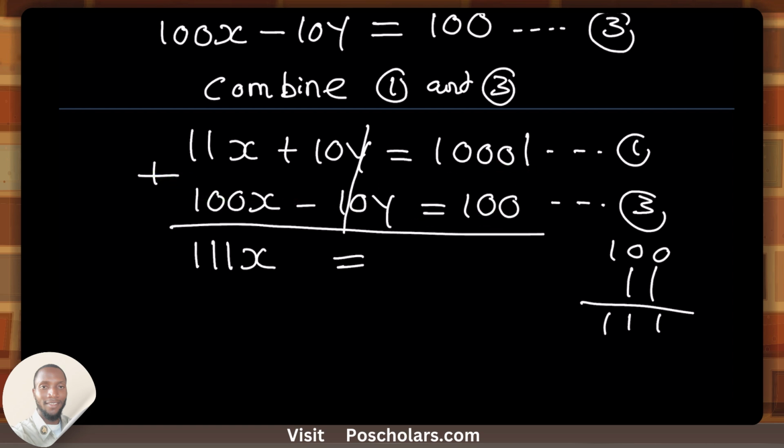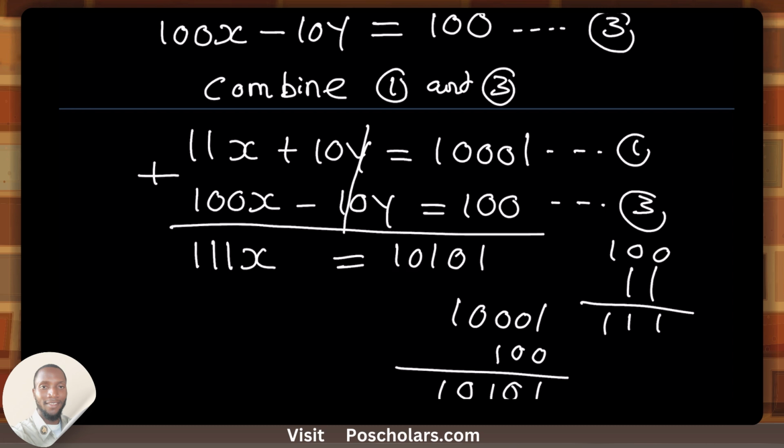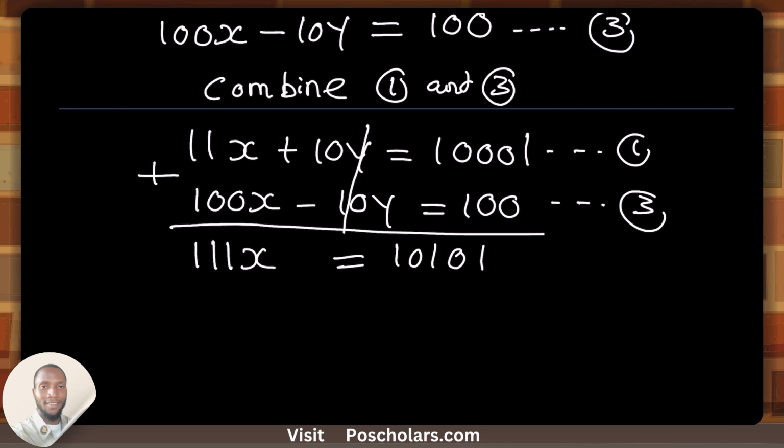If you add, let's add it so that you will see it yourself, you have 10101. So yeah, when you add these two together, you have 10101, right? So I can go ahead and erase this. Now we need to find the value of x. Remember, what do we do to find the value of x?